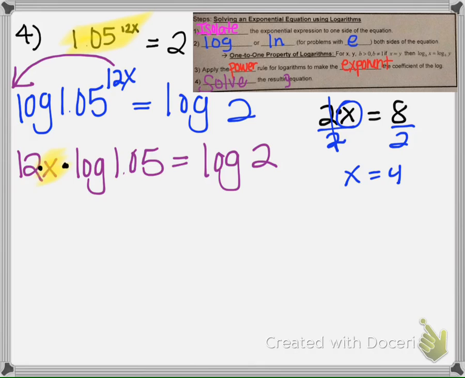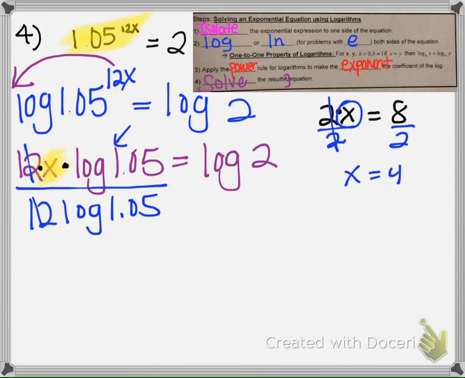I know it kind of looks weird because we're not used to seeing log in an equation, but this is a number. So you're technically dividing by the 12 and the log 1.05 to get rid of this. And we're dividing all of that, and that's going to cancel out, leaving us just with the x. And whatever we do to one side, we have to do to the other side.